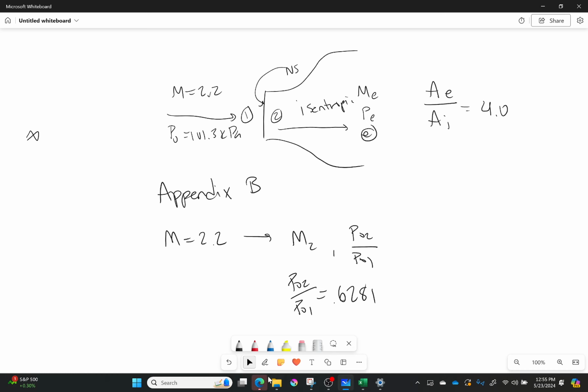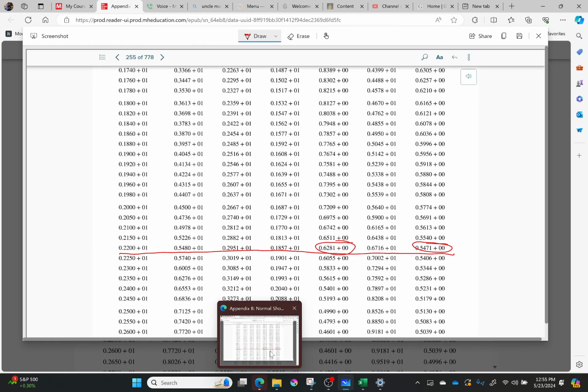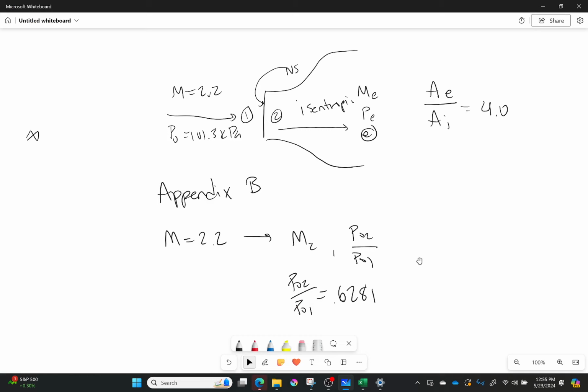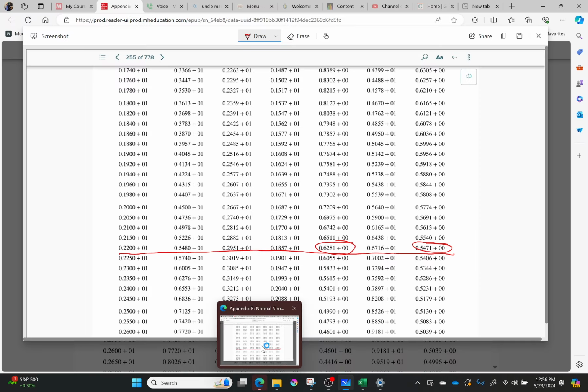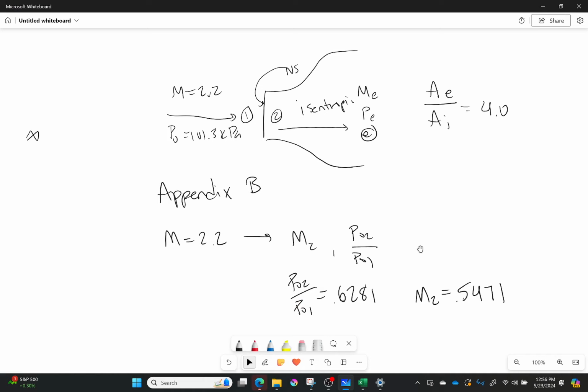And let's see here. I switched it around, so let's check again. And M2 is equal to 0.5471. I think I did that right. So let's check again. I did. Perfect.